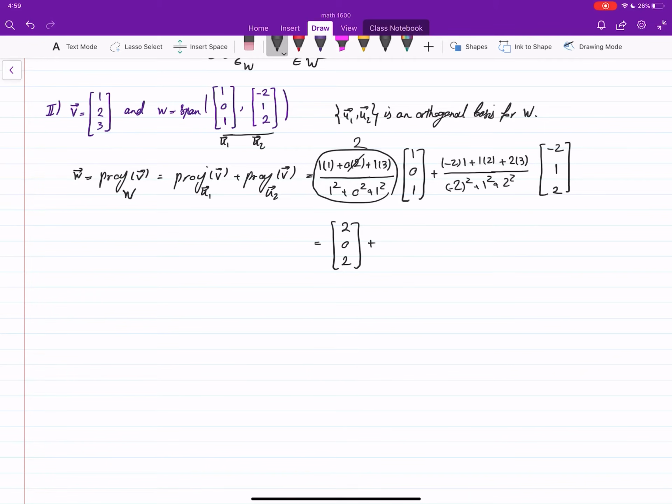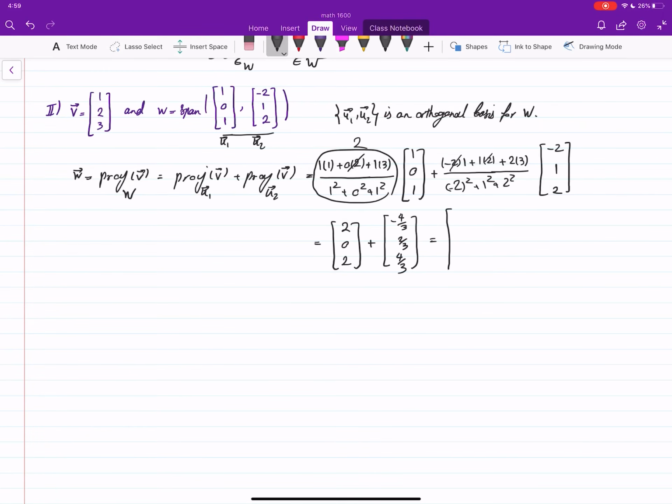And here, what we have is that these two cancel. This is 6 over 9, which gives us 2 over 3, and when you multiply, you get (-4/3, 2/3, 4/3).